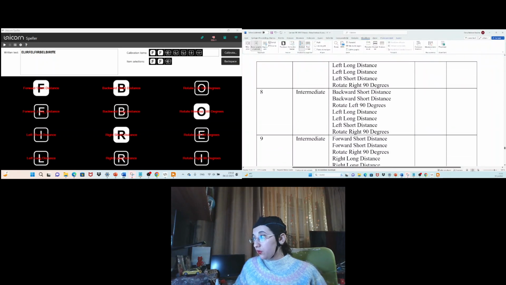So yes, left long, 2 times left short, and rotate right. Okay. So left long, left short, and rotate right 90 degrees.